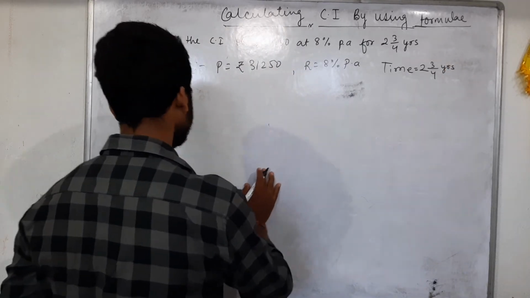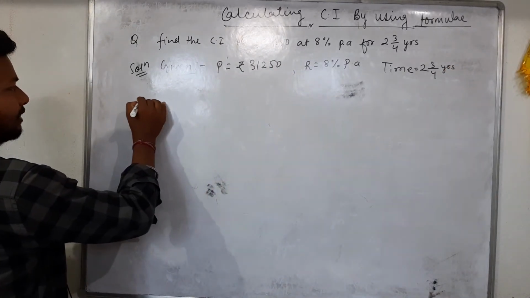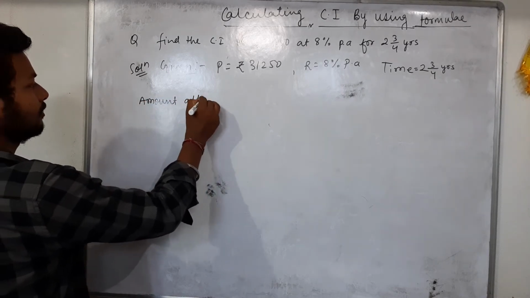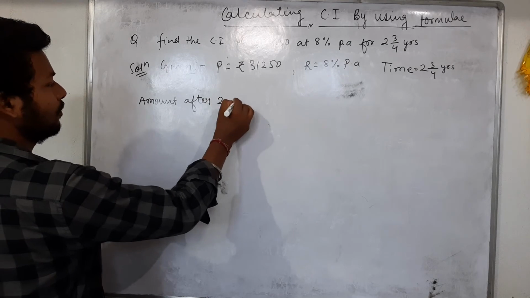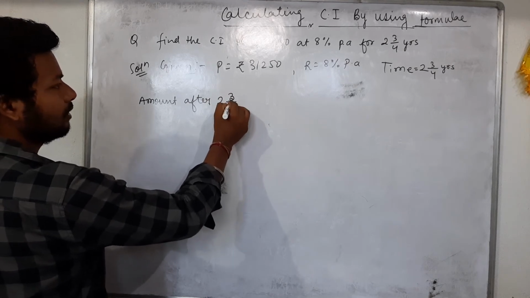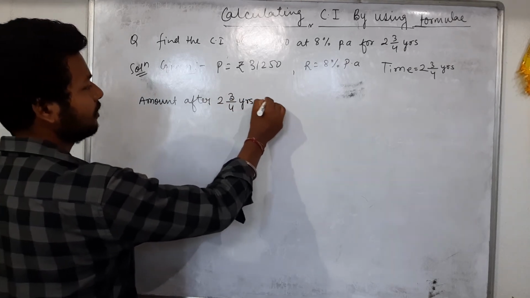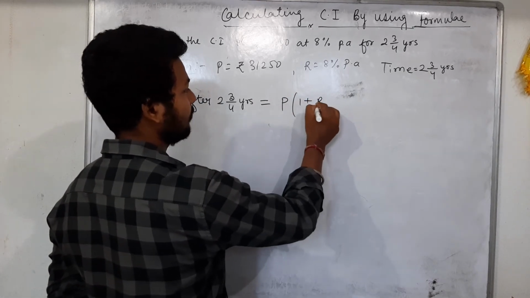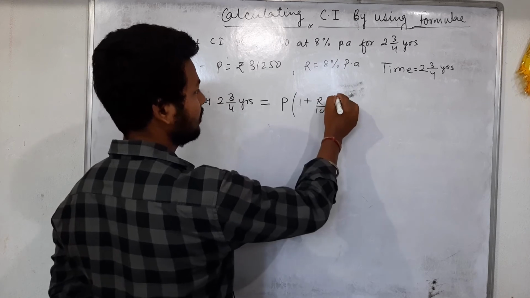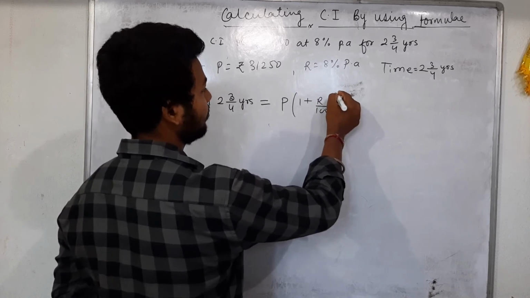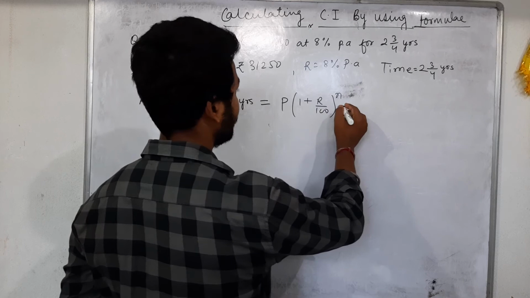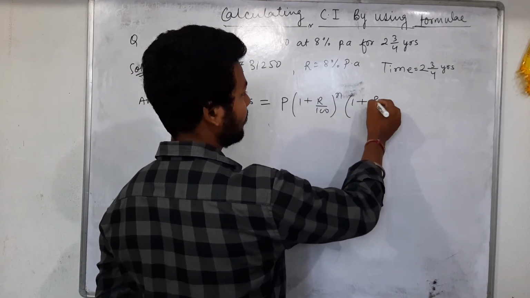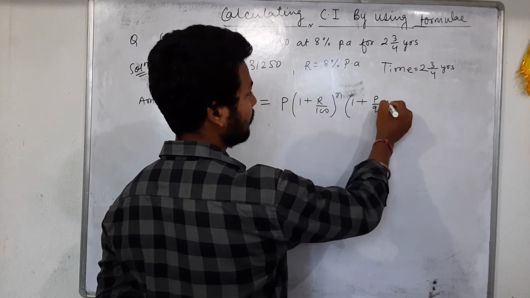So amount after 2 whole 3/4 years is equal to principal into 1 plus rate by 100 to the power n, and into 1 plus the fraction part, that will be p by q into rate by 100.